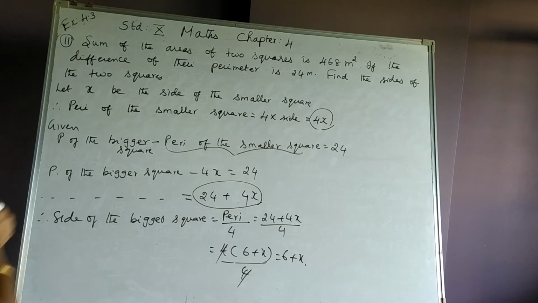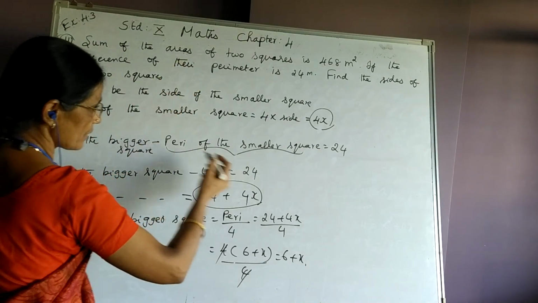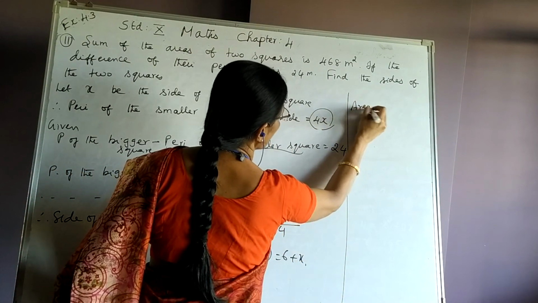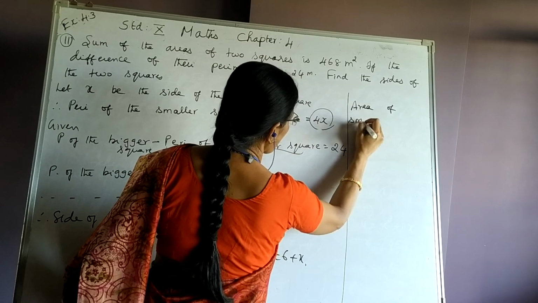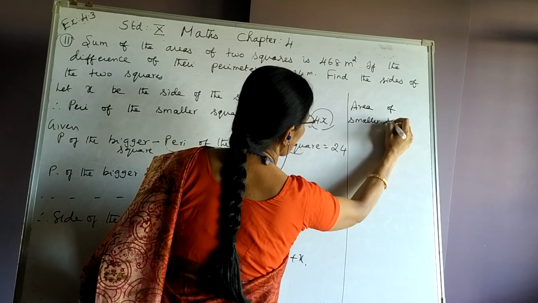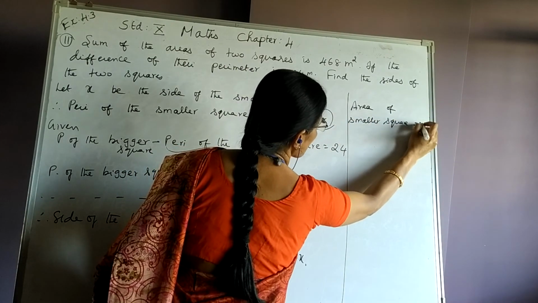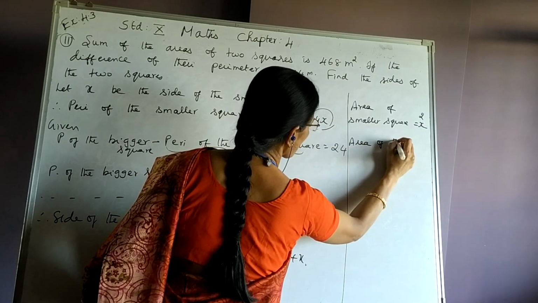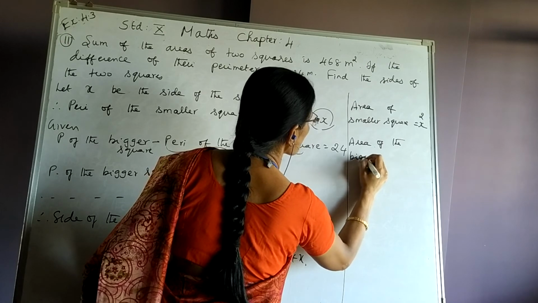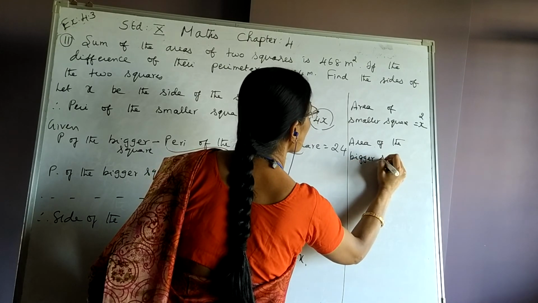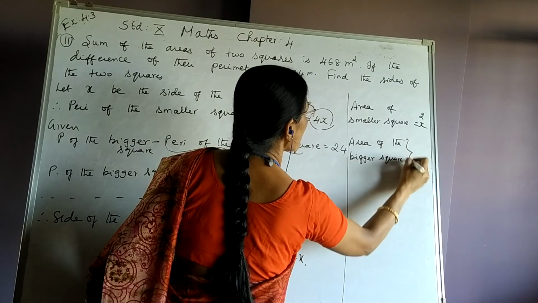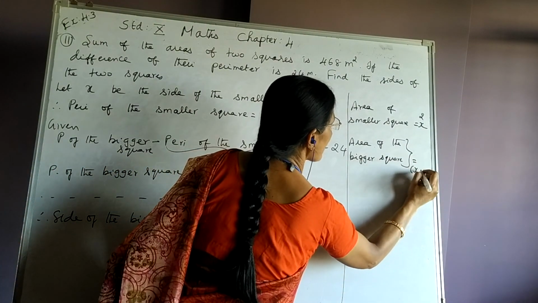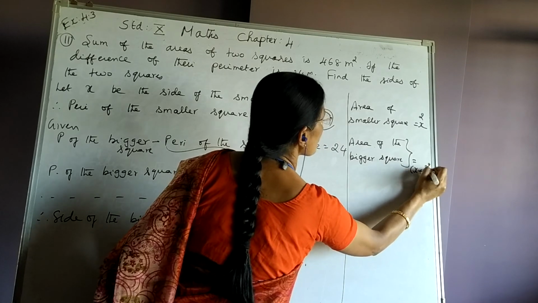Next, we have to find the areas, right? What is the area of the smaller square? The area of the smaller square is x square. We know the area of a square is side square, so the area of the bigger square is 6 plus x, or we say x plus 6, the whole square, right?